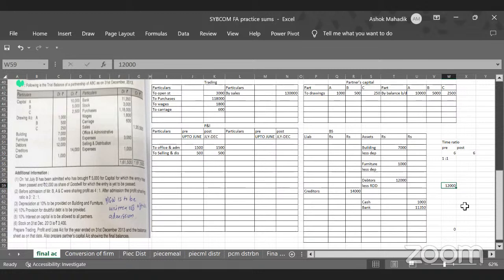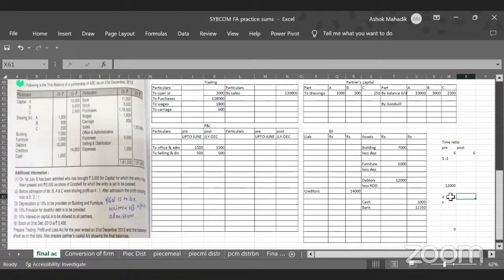So what you do whenever they say raise goodwill, just write goodwill on the credit side, by goodwill. And this amount 12,000 will be divided between A and C. You give share to A and C in their profit sharing ratio.